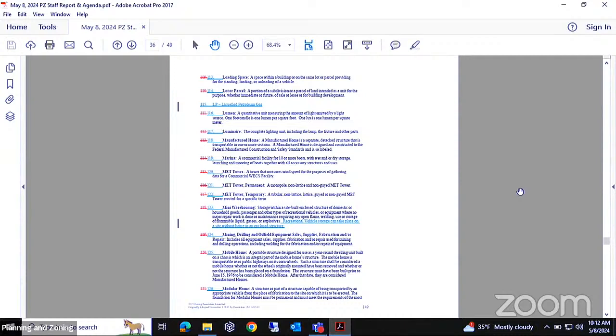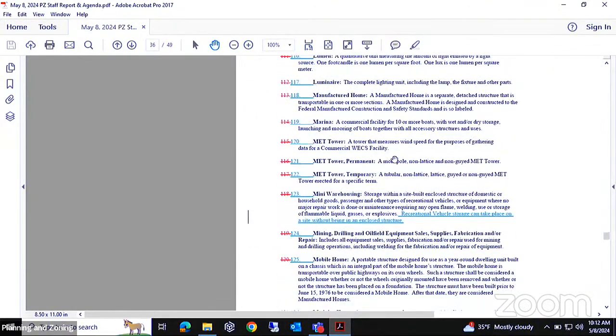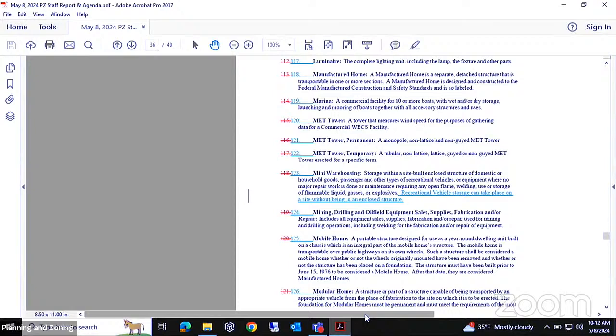So on mobile home, if you read the definition and finish down to the end, it's listed under mobile home, but after June 15th, 1976, they're considered manufactured homes. So there still are some mobile homes that are floating out there. Right. It just depends on the year.